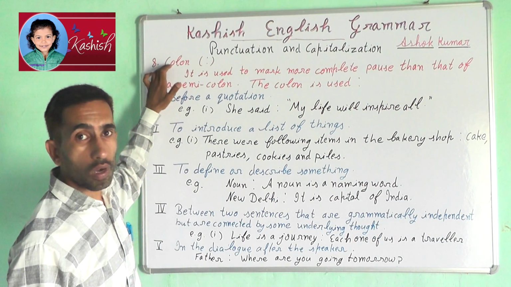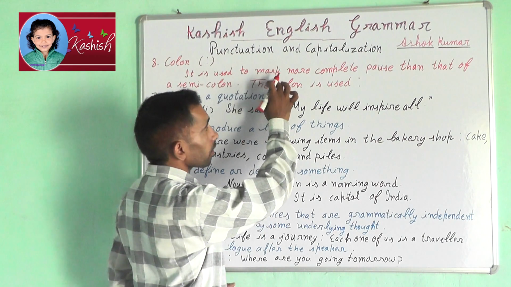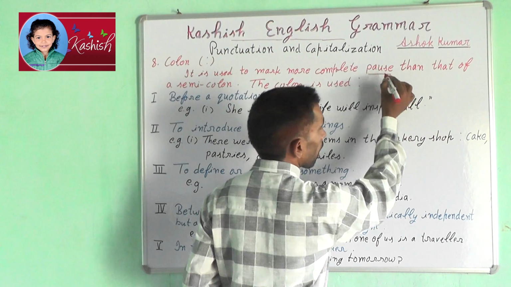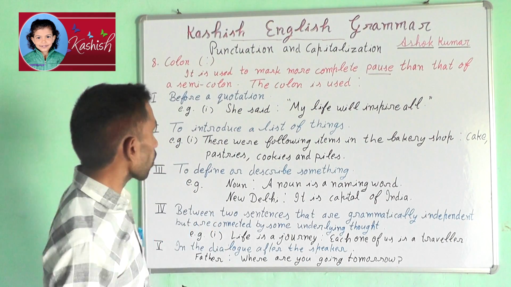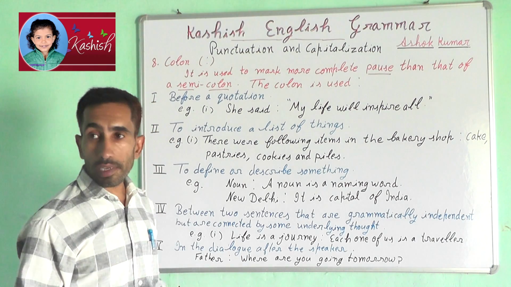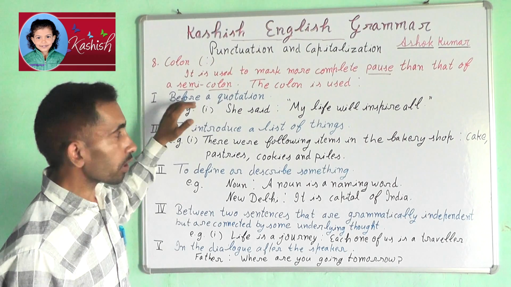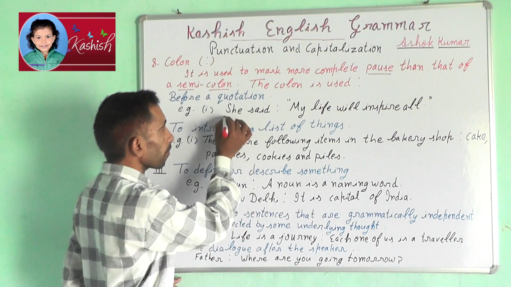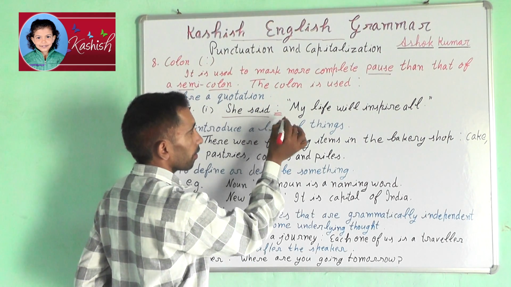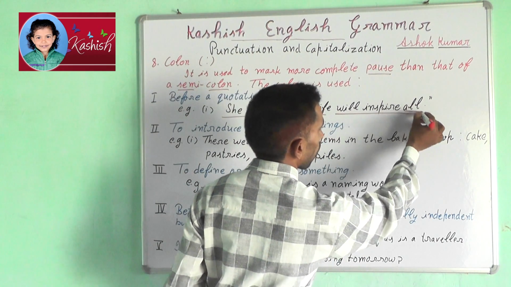Eighth, colon. It is used to mark more complete pauses than that of a semicolon. The colon is used first before a quotation. For example, she said: "My life will inspire all."